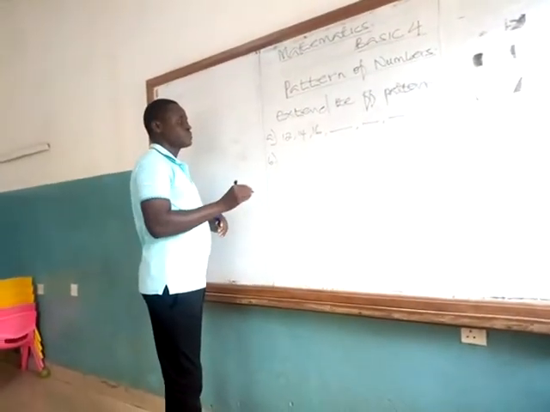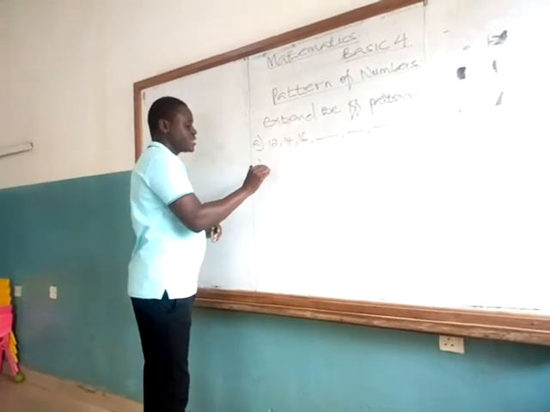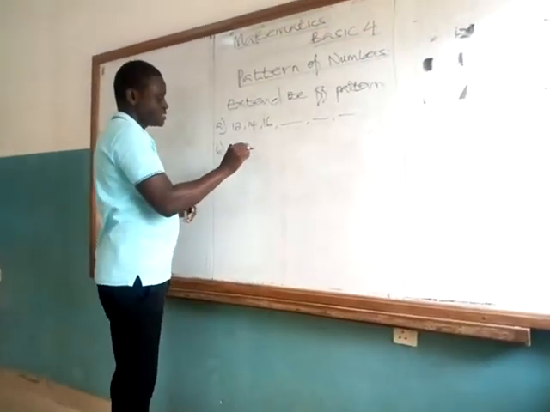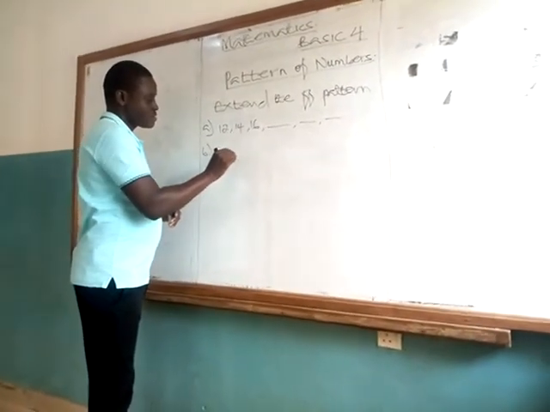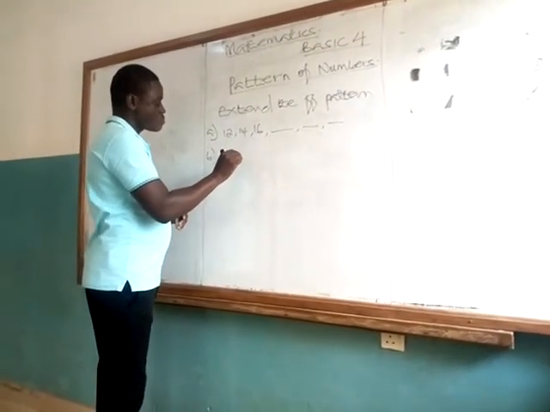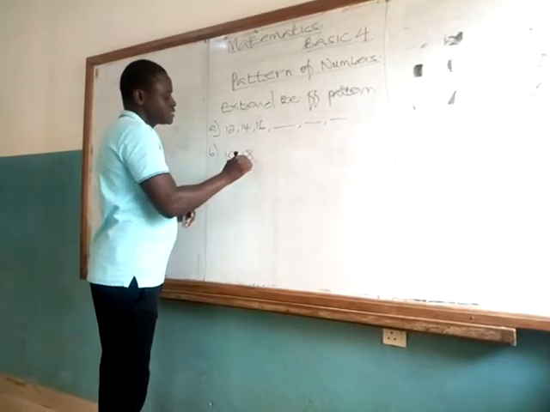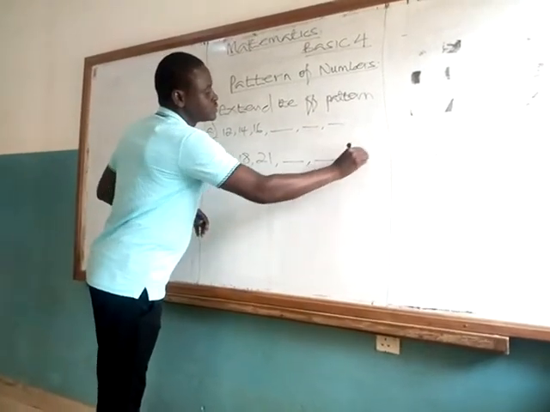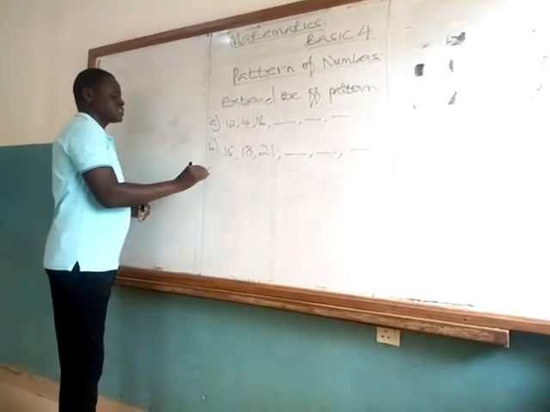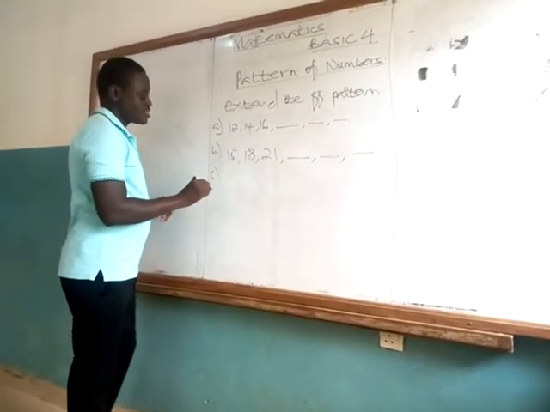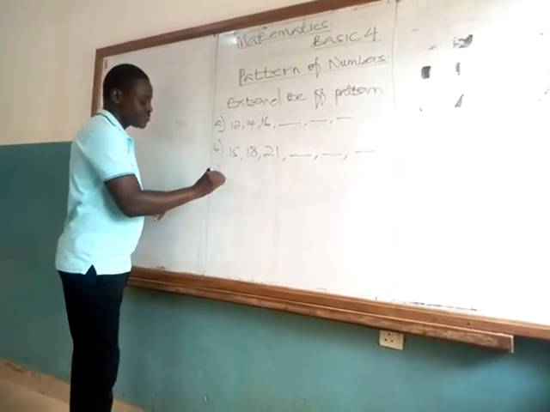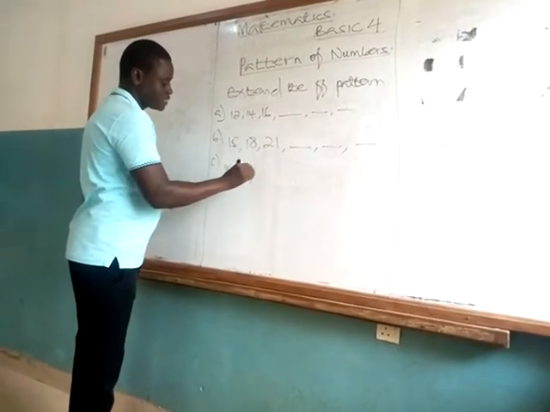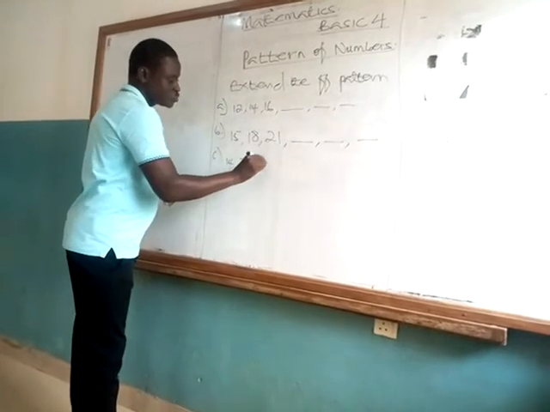B. They give you, say, 15, 18, 21. And then C, you are given, say, 14, 21, 28.